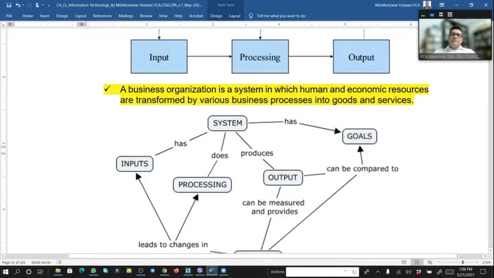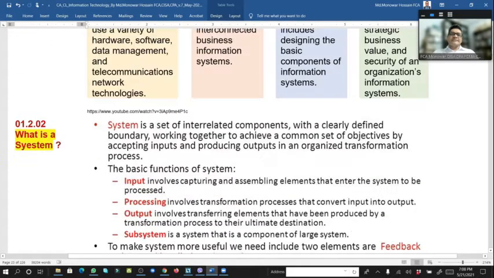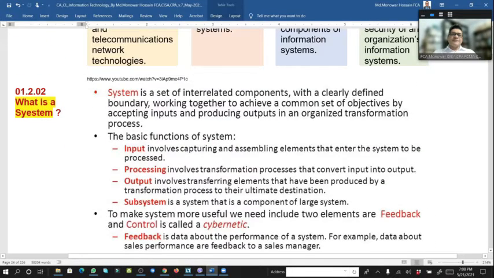So basically, what is a system? This is the fundamental thing, and also our definition. A system is a set of interrelated components with a clearly defined boundary, working together to achieve a common set of objectives by accepting input and producing output in an organized transformation process.